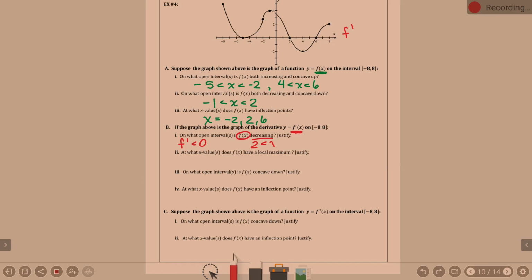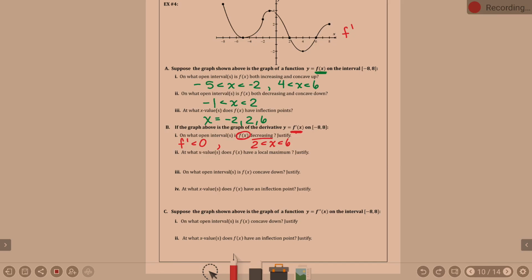And my justification is the derivative is less than 0. If you're looking at a derivative graph, what information can we gather about the graph it represents? Are you okay with that, Logan? Sure. The justification is the derivative is less than 0. So where the derivative is negative, if we were to sketch the actual graph, it would be decreasing in that area.